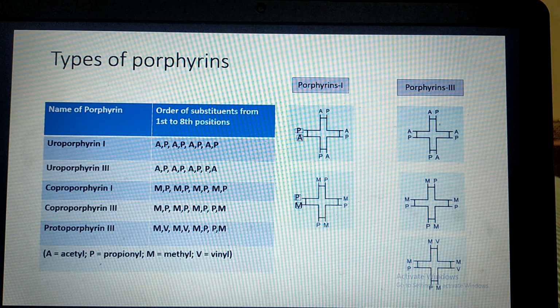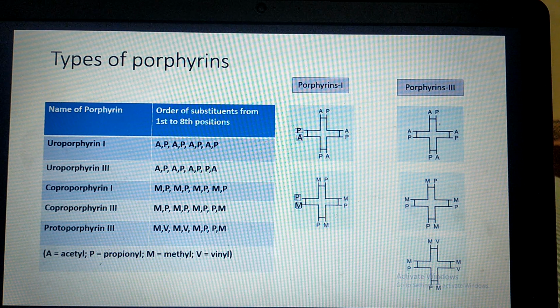Now out of these 3 substituent groups in protoporphyrin 3, only propyl group is hydrophilic, whereas the methyl and vinyl groups are hydrophobic in nature. So this point is important to remember for our future hemoglobin structure.